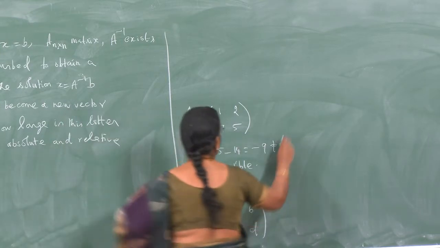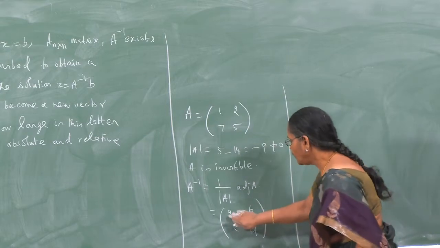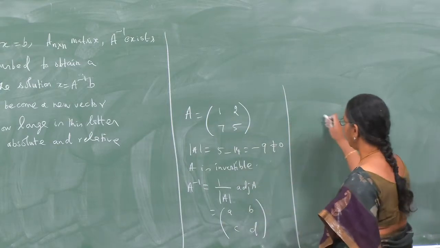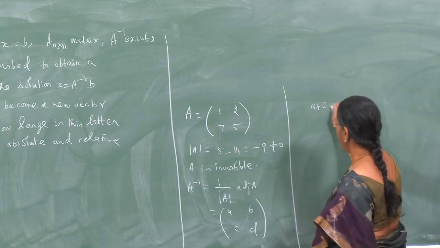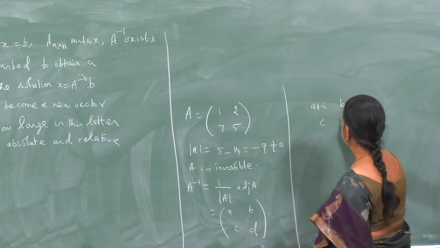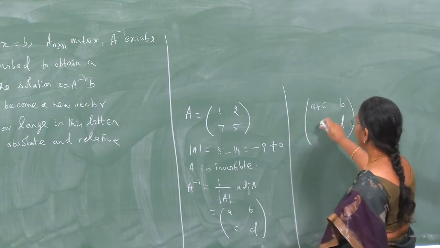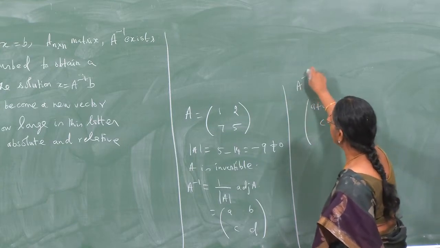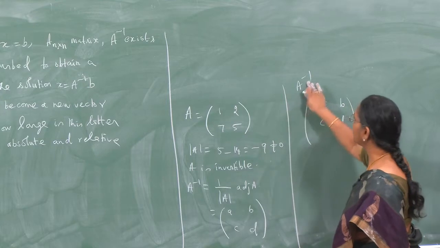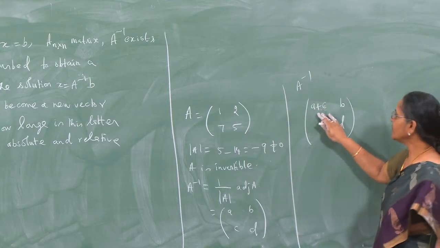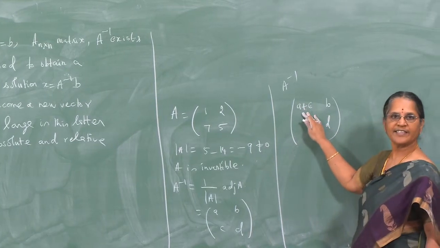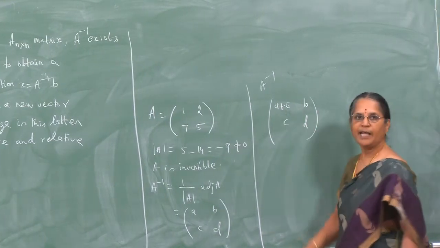Now, if I give a small change in any one of these entries, so that the entries are say a plus epsilon, b, c, d, my A inverse is perturbed, namely slightly changed because of the change in one of the entries. So, a has become a plus epsilon.